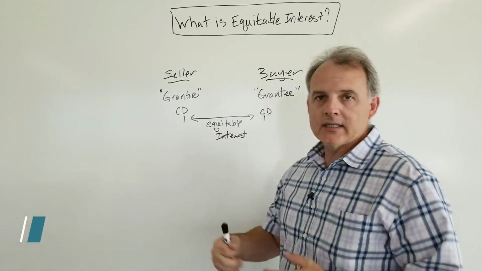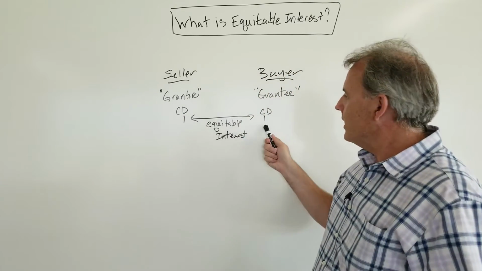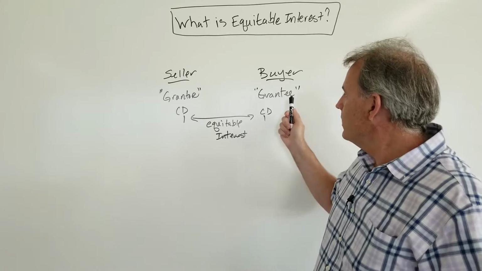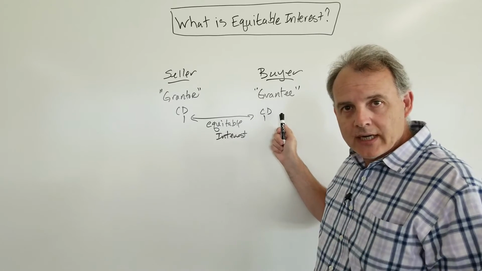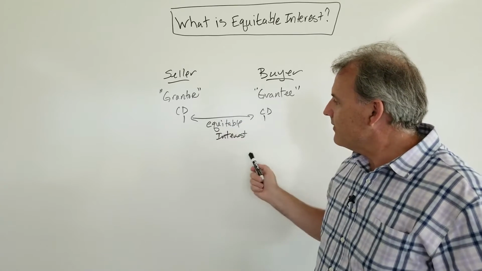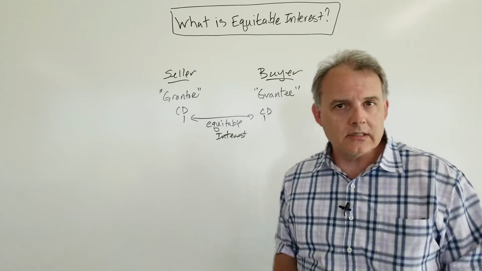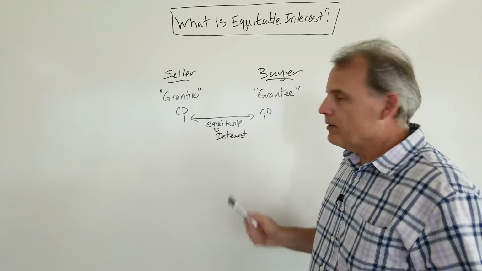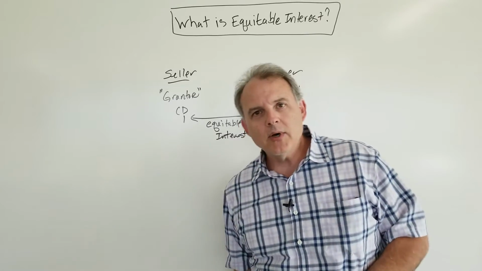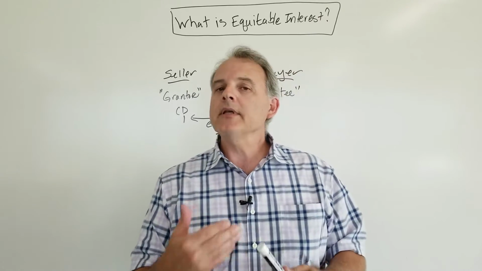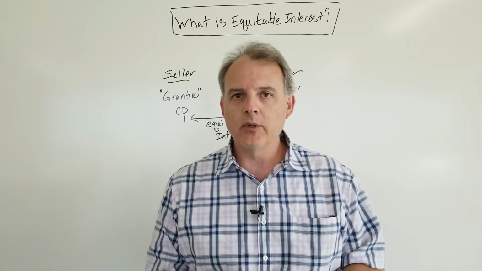So the seller has actual title, but in two or three or four weeks down the road, the buyer who has a contract to purchase also has a legal interest in that property. And what do we call it? We have to call it something, and it's called equitable interest. That's the most common place where we see the concept of equitable interest.